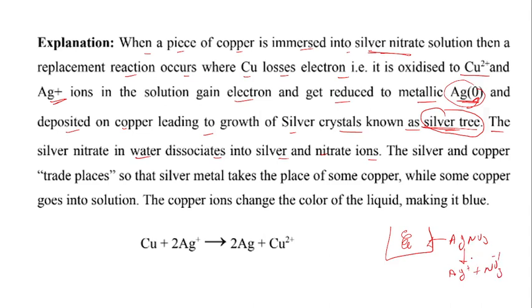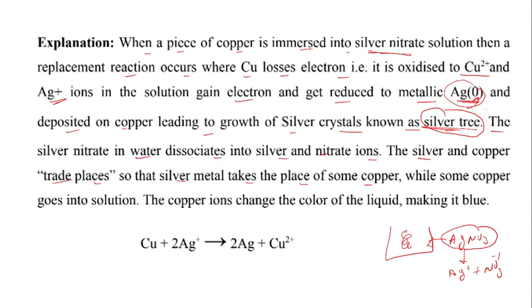This is dissociation, and because AgNO3 is an electrolyte, it gives Ag plus and NO3 minus. The silver and copper trade places, so that silver metal takes the place of some copper. This means there is competition, whether copper will convert into copper plus 2 or Ag will convert into Ag plus.